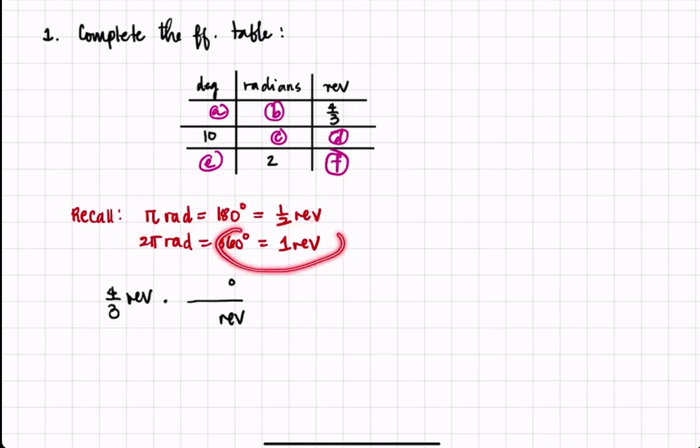I will use this one. 1 rev is 360 degrees. Then simplify. 360 divided by 3 is 120 degrees, which is 480 degrees. So that is the answer for letter A. It's 480 degrees.